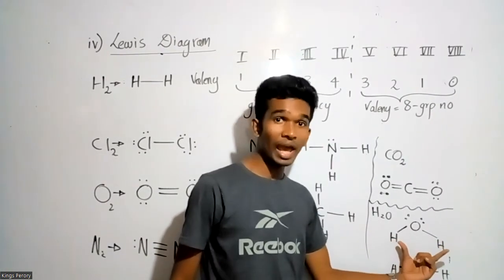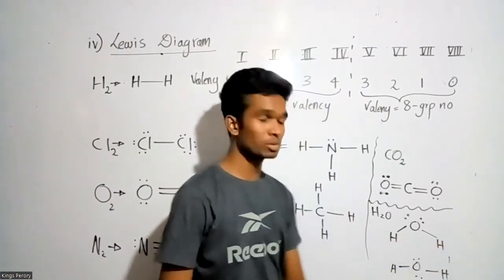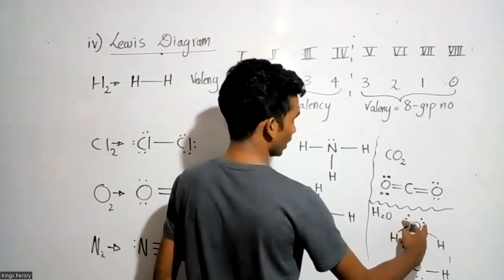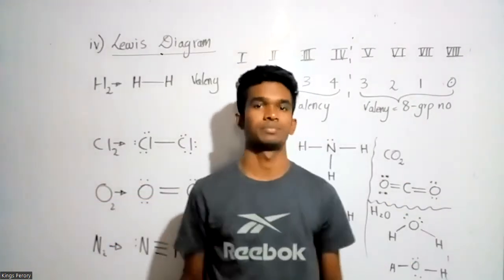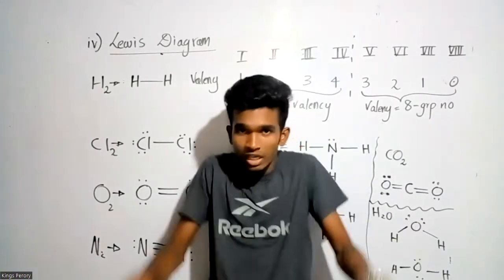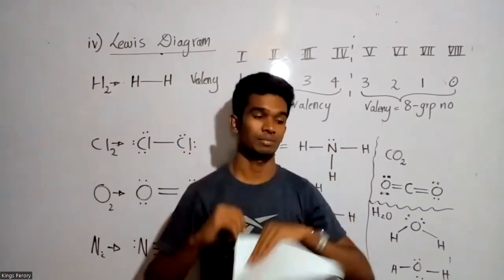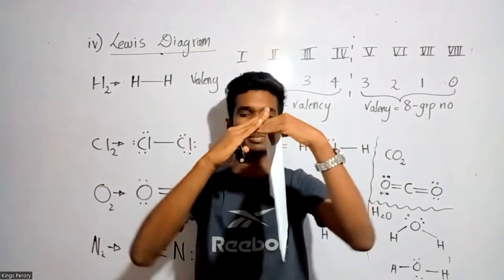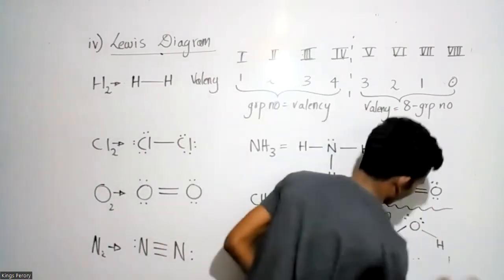Water has angular structure or angular shape. Therefore, we draw it like this because these free electrons on oxygen will push the bond downwards. So the bond is a little bit bent, it makes a V shape. That's why we usually draw water.